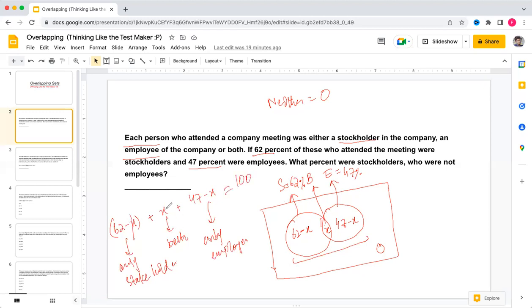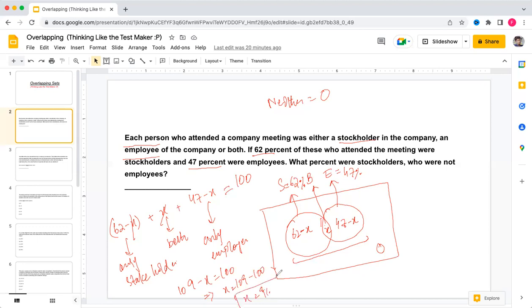Now the X will cancel out, and if we add both of these, this is 109. So 109 minus X is equal to 100. That means X is equal to 109 minus 100, and X is equal to 9%.